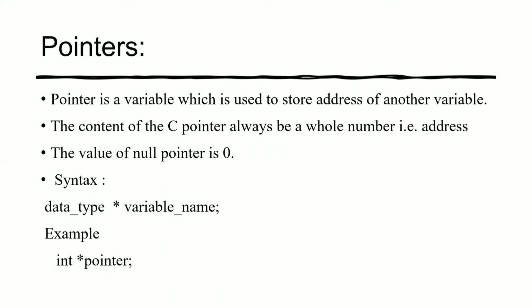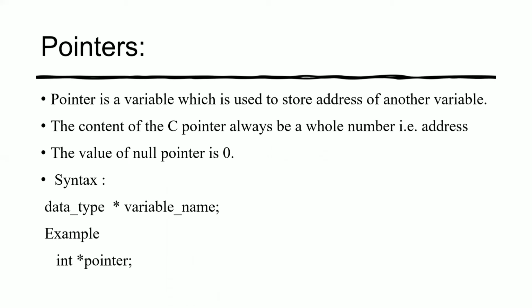Then comes the pointer. Pointer is a variable which is used to store the address of another variable. For example, if we have an integer named student and we have a pointer named address, the address of student can be stored in the address variable. We can also have null pointers.